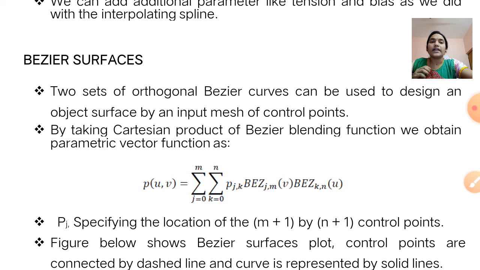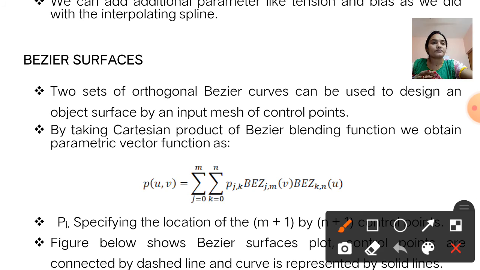By taking the Cartesian product of Bezier blending functions, we obtain the parametric vector function P of u comma v equals to summation j equals to 0 to m, summation k equals to 0 to n, p j k, base j comma m of v, base k comma n of u.